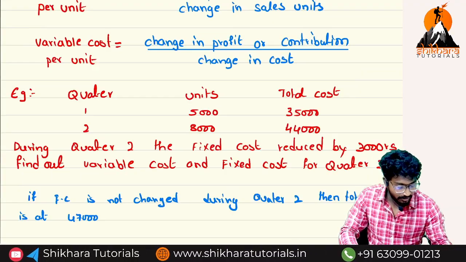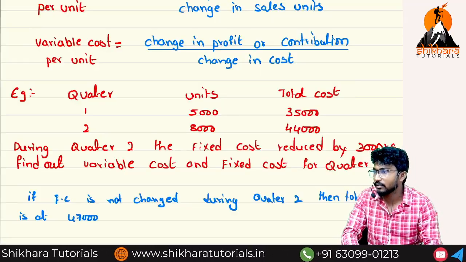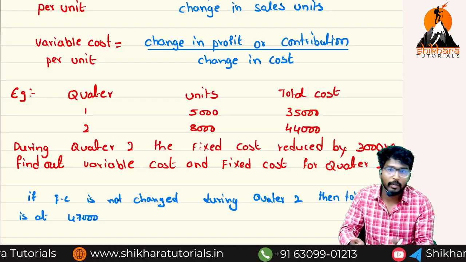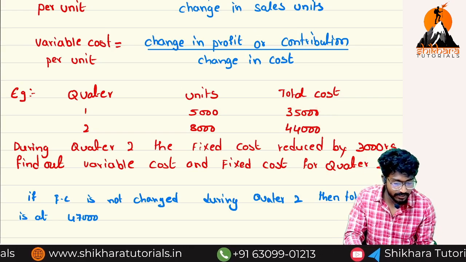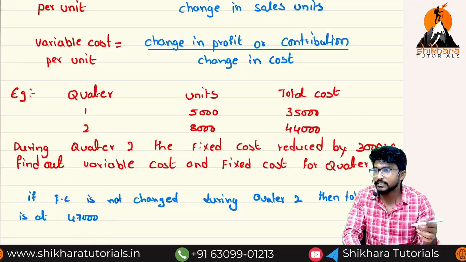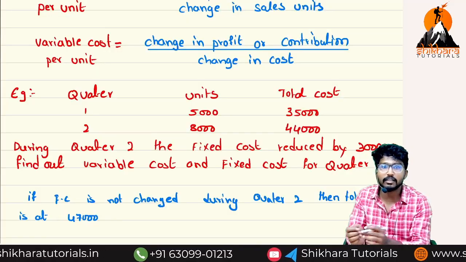If there is no change in the fixed cost, then whatever change is happening, the entire change is happening due to variable cost only. Here, from 35,000 there is an increase to 47,000. The entire change is due to variable cost only, because fixed cost is always constant.